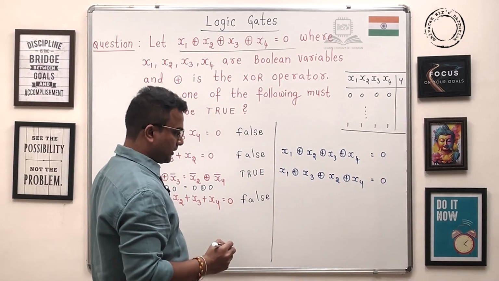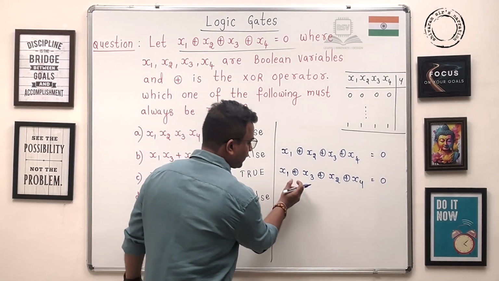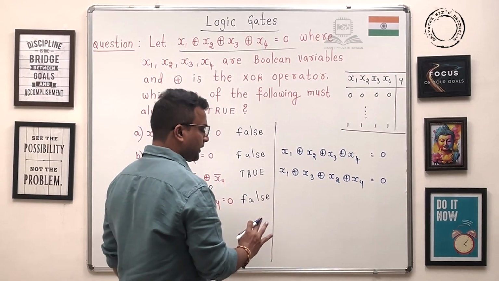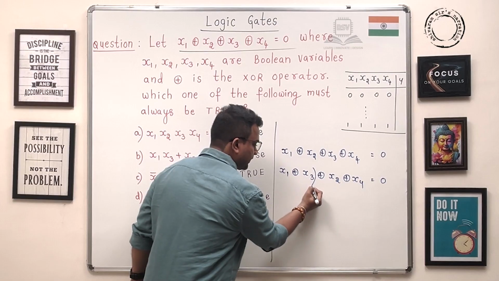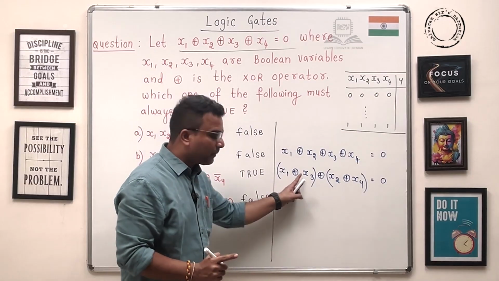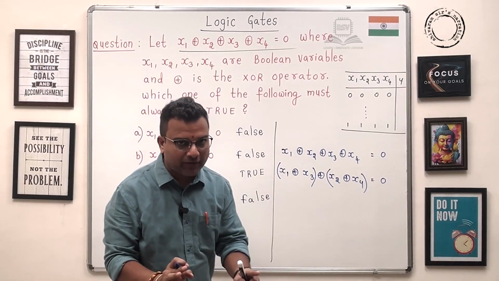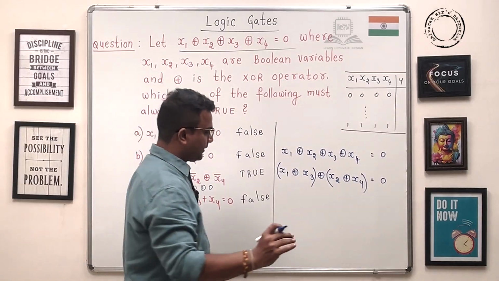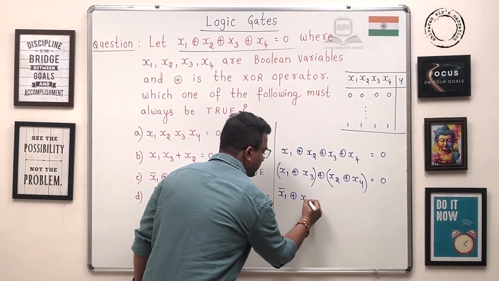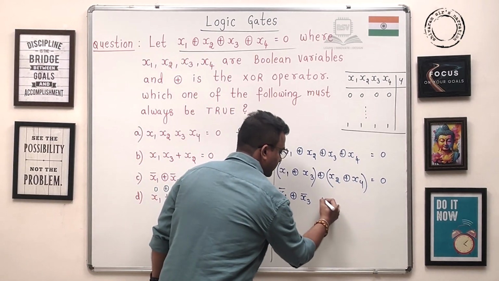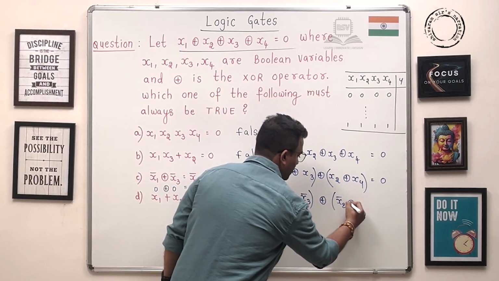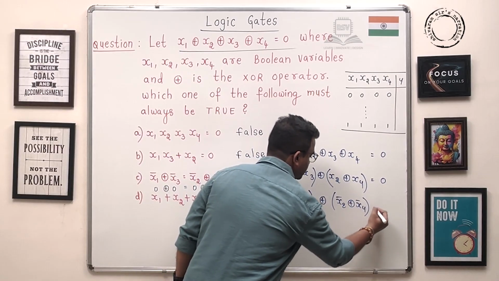Now guys, here we have x1 XOR x3. For two inputs, from the properties of the XOR gate, if you apply complement to both the inputs, it still follows the XOR operation only. Hence, you can rewrite it as x1 bar XOR x3 bar. Similarly, x2 bar XOR x4 bar is equal to 0.